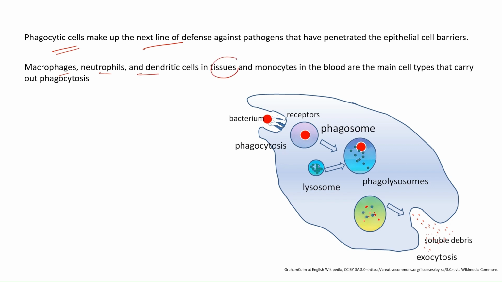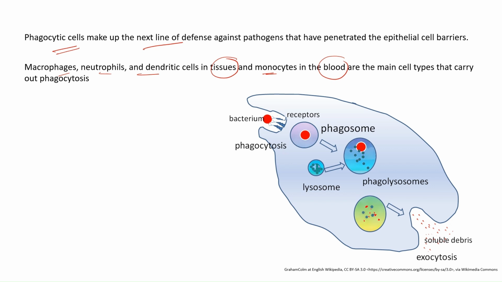These are found in the tissues of our body. Monocytes are found in the blood of our body. So, if the pathogen enters via tissue, it will be attacked by macrophages, neutrophils, and dendritic cells. If it enters our body via blood, it will be attacked by the monocytes. So, these are the main phagocytic cells of our body that constitute the second line of defense.